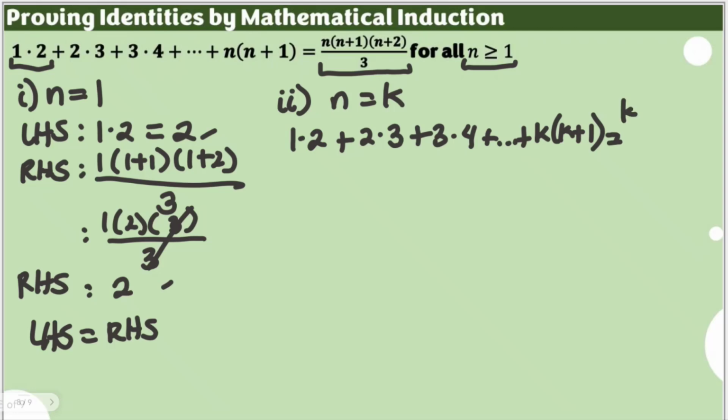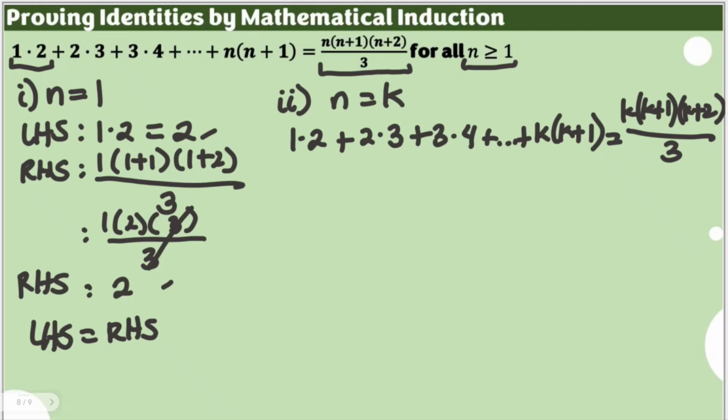We have k times k plus 1 times k plus 2 all over 3. Okay, so we are now assuming that n is equal to k, where in this case, we are thinking that n or k is the largest integer that we could try for this identity.